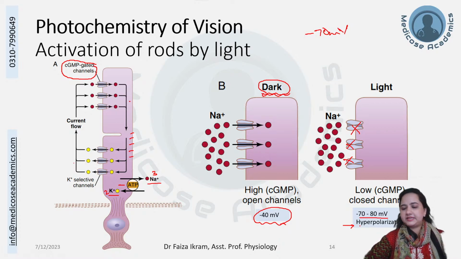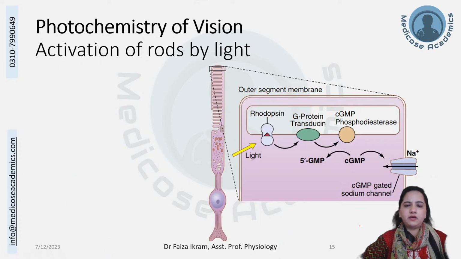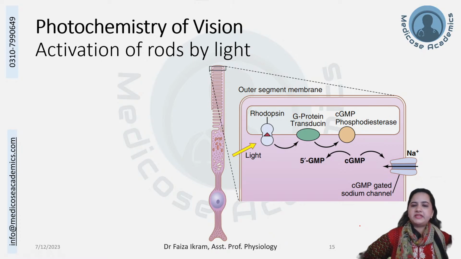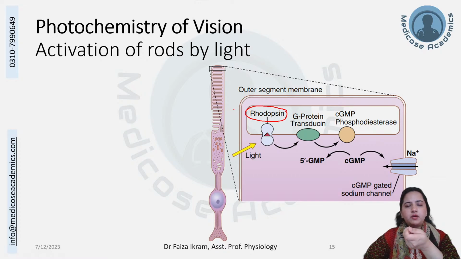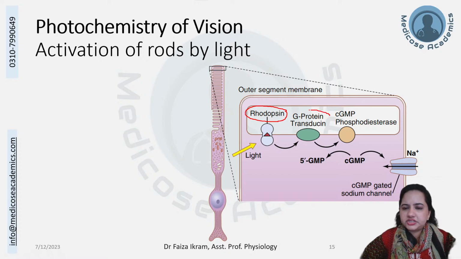Now let's have a look why these channels are closed in the state of light stimulus. When the light comes, the rhodopsin is decomposed, metarhodopsin is formed, and that leads to stimulation of another G protein known as transducin.